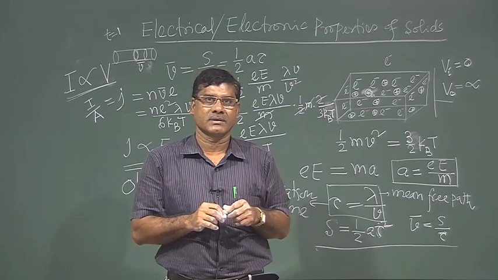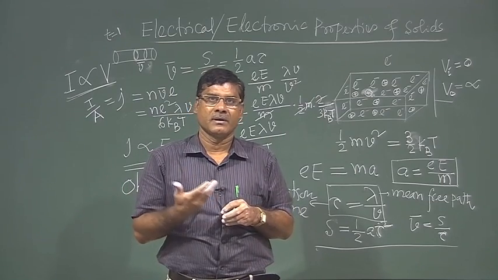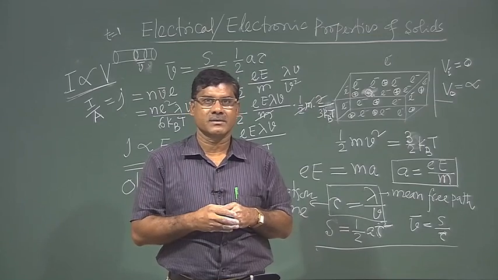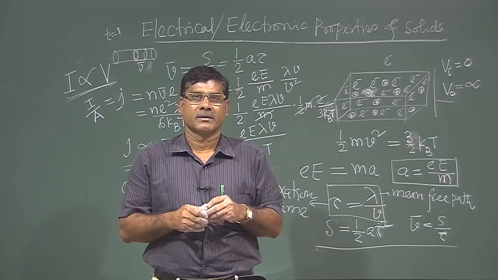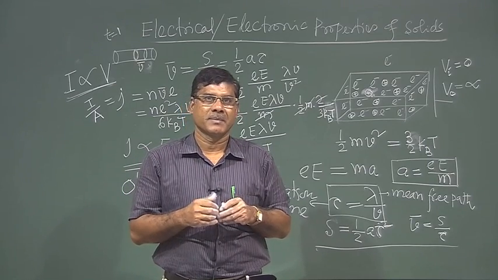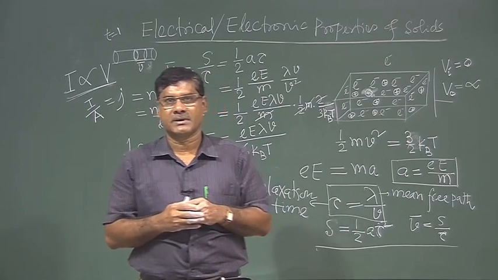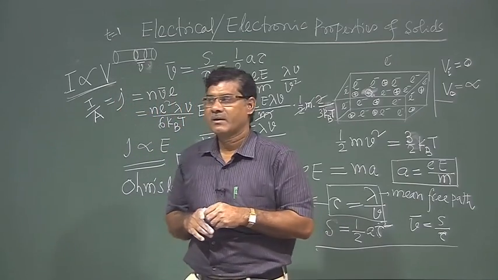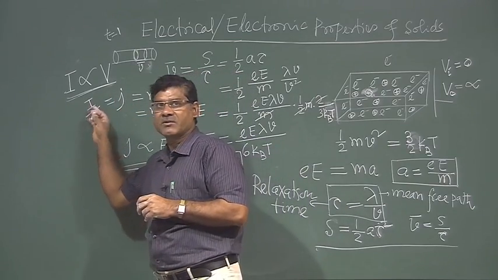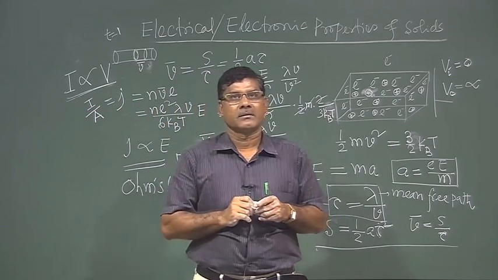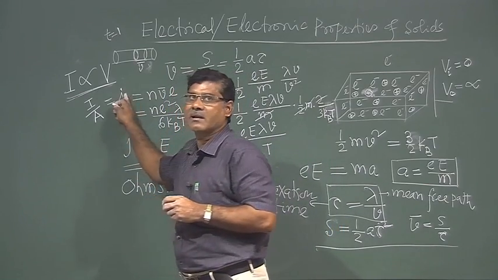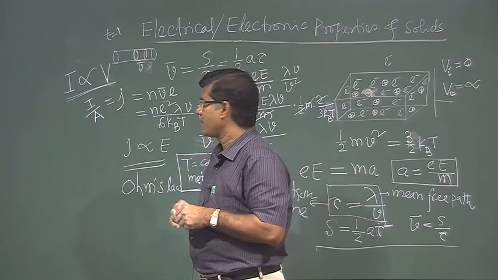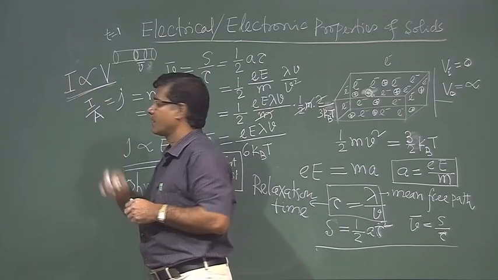If I talk in terms of current, it will depend on the geometry of the metal, but if I talk in terms of current density, it will be independent of the geometry of the metal. That is why it is a more general parameter than the current.